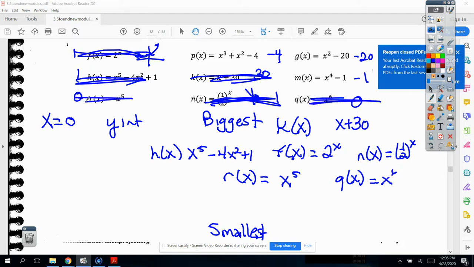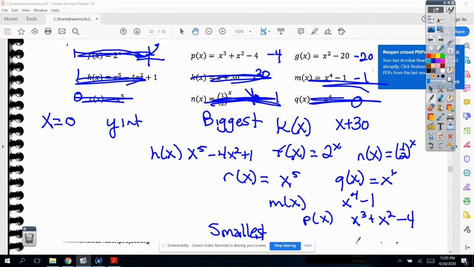Then I had a -1, x to the 4th minus 1. Then a -4, x cubed plus x squared minus 4. And then we had x squared minus 20.